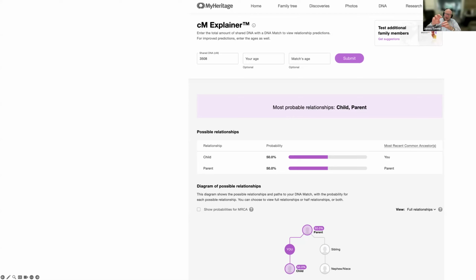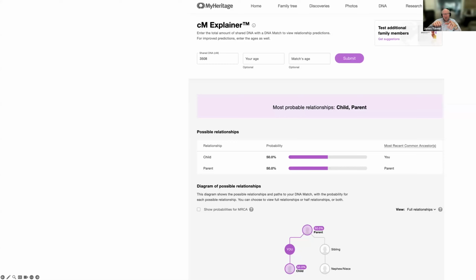All of the calculations and the analysis of the centimorgans are contained in this very straightforward and quite simple app that goes along with MyHeritage.